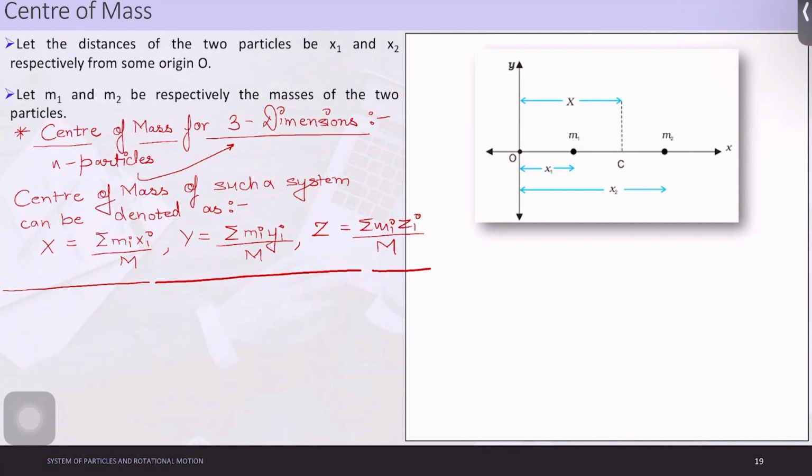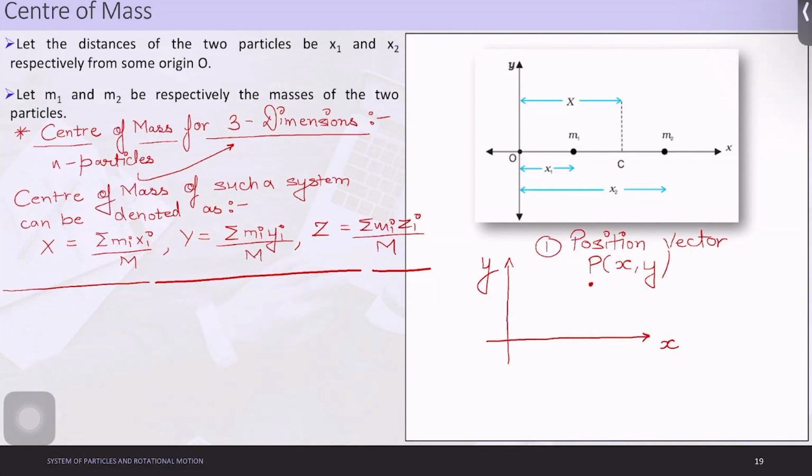Just a quick revision. What is a position vector? Let's say I explain this for the xy plane. Let us assume this is your x-axis, this is your y-axis, and there is some point P having coordinates x and y.